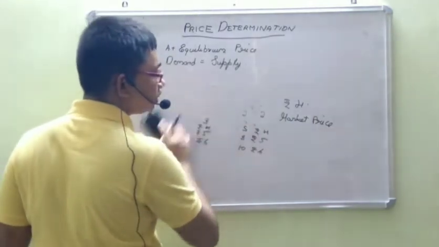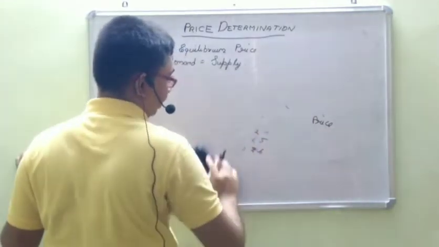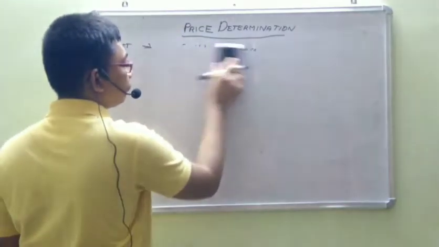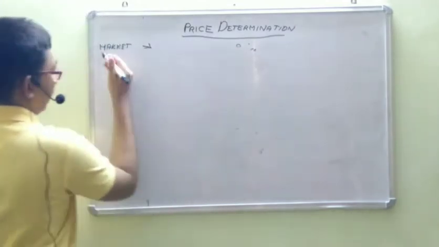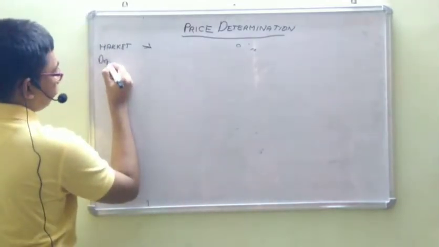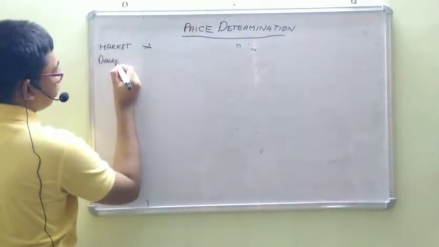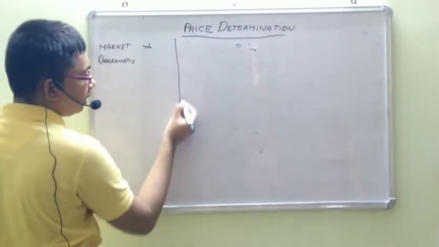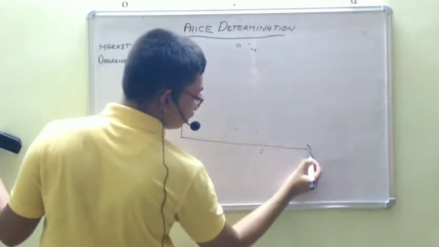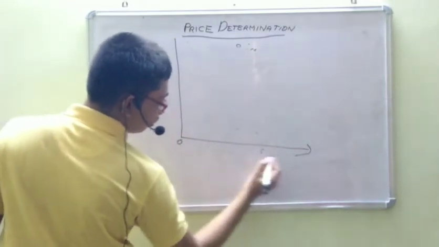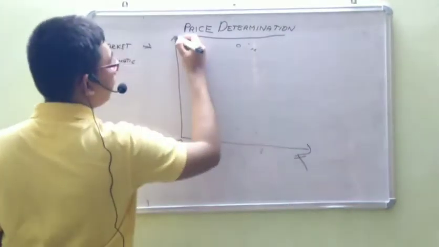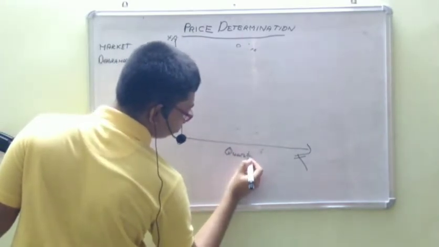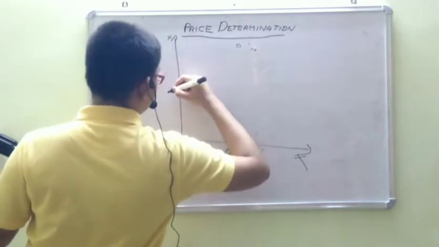Now let us take this diagrammatically. When we take it diagrammatically, we'll have as usual our graph with axes 0, x and y, quantity and price.